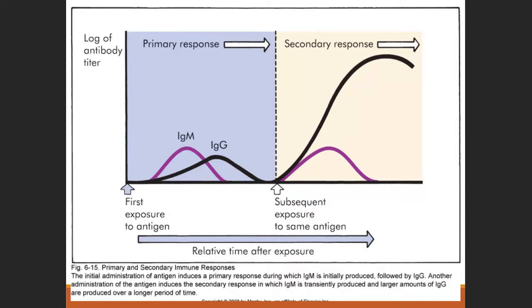However, your IgGs that are now circulating as part of that memory system will not only escalate quicker, notice how they get out ahead of the IgM antibodies this time, but the degree at which they play now, much higher titer of antibody levels than you would have ever seen on the initial exposure.